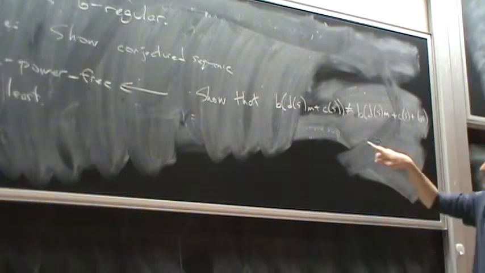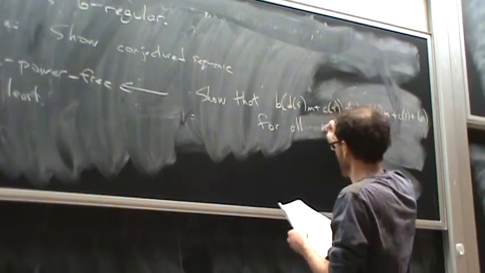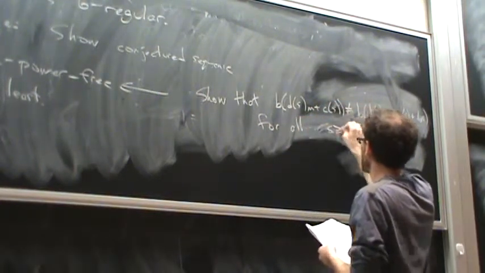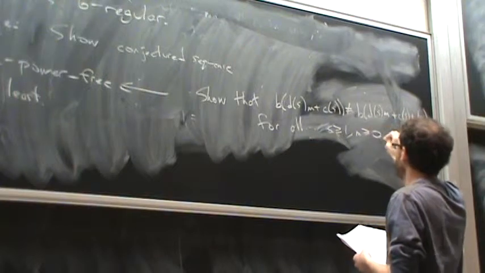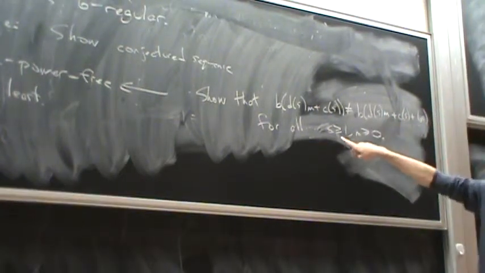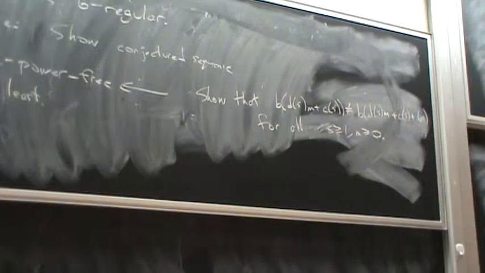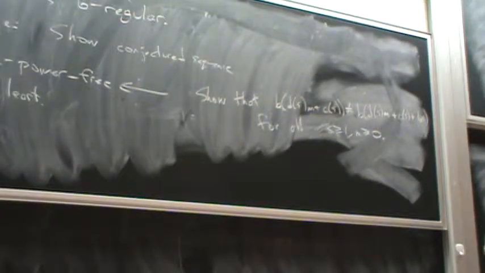So basically we're saying that this holds for all S at least 1 and m at least 0. So the claim is that if we show this inequality holds for every S and m, this shows that this conjectured sequence is 3/2 power free, and then you also have to show that it's lexicographically least, which means decrementing any letter, any entry is going to give you a 3/2 power.